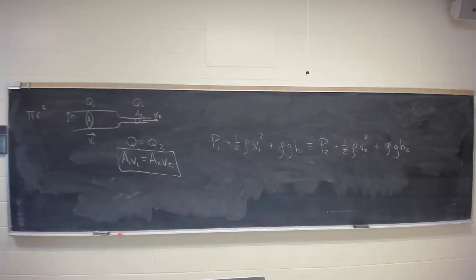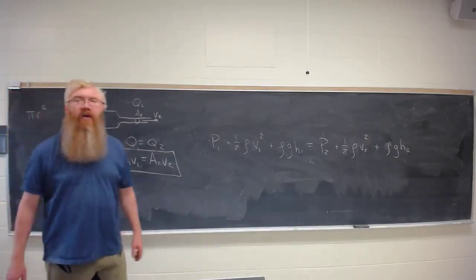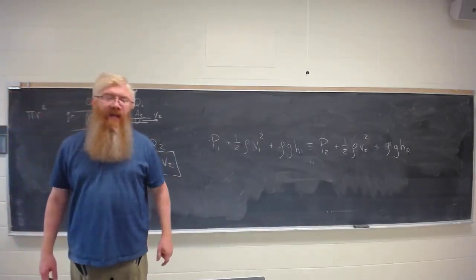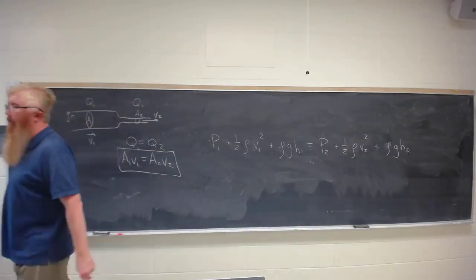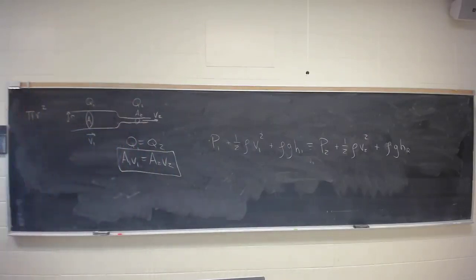So applications of Bernoulli's: how dams work, how water towers work. Viscosity and laminar flow, I'm not going to worry about that. Don't worry about viscosity and laminar flow, I'm not going to quiz you on that. That's a bit too complex for this level of physics in my opinion.